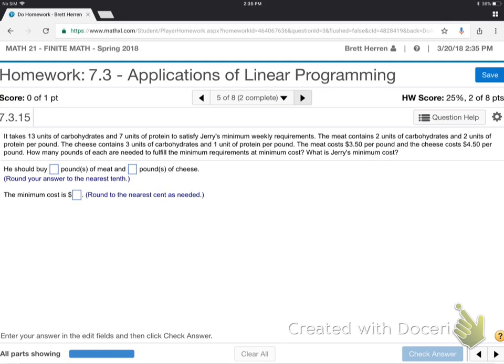What are they asking you to maximize or minimize? What's it say? It says minimum cost. You can find it there, and you can find it in some other places.